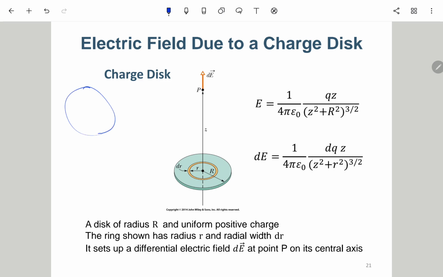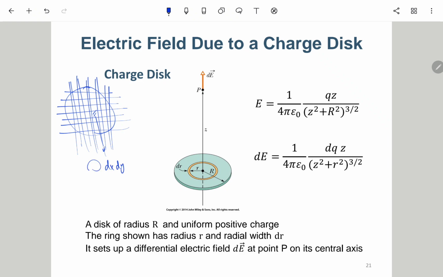It's just like you have a circle and then you try to cut it something like this and then something like this. This is a straightforward way. So every piece will be like dx times dy, something like that, and then within unit area there will be some charge.